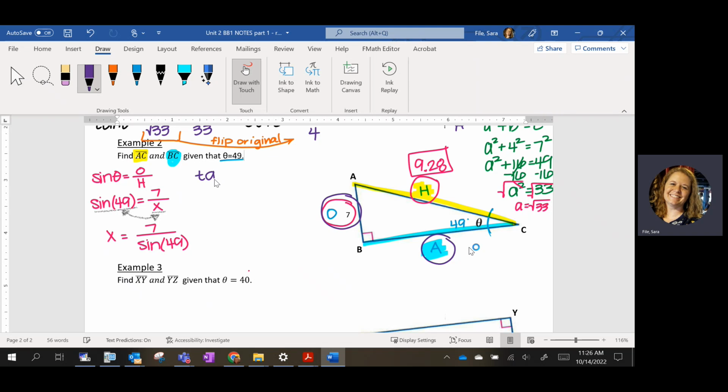So I'm going to set up a tangent function. And I'm going to plug in what I know, which is the 49 for the angle, 7 for the O.